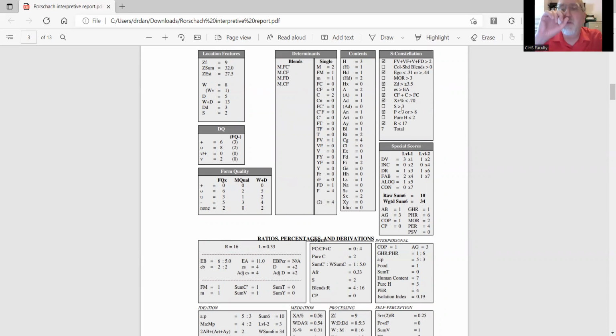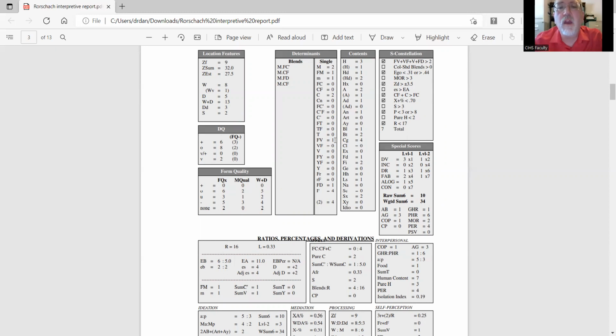Oh, great, here's suicide conflict. So the suicide constellation is FV plus VF plus 0 plus V. V is also 0. So 1 plus 0 plus 0 plus FD is greater than or equal to 2.